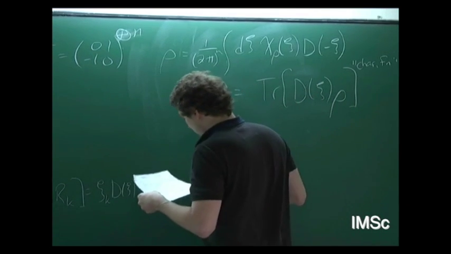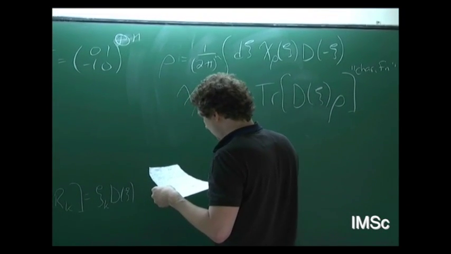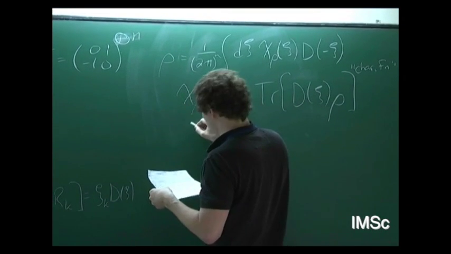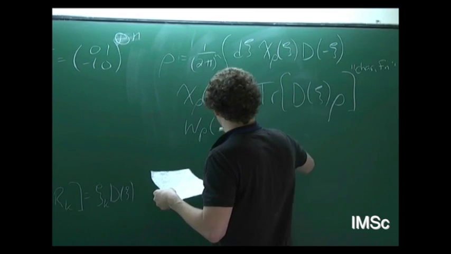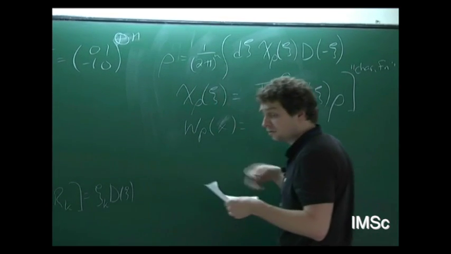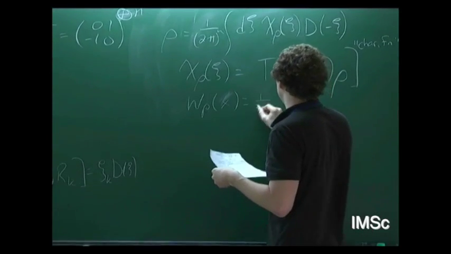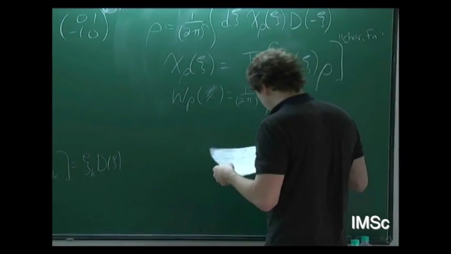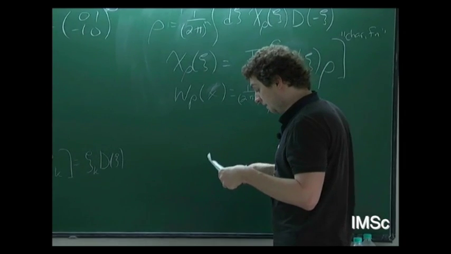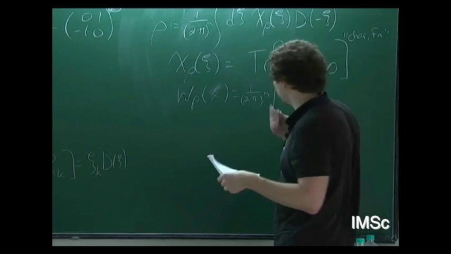And the Wigner function is just the Fourier transform of this characteristic function. The regular commutative Fourier transform. And it's a sort of quasi-probability distribution, meaning it's like a probability distribution, but it can go negative.